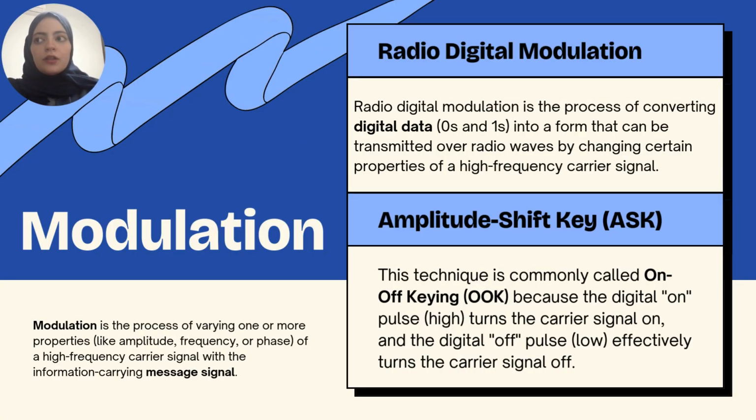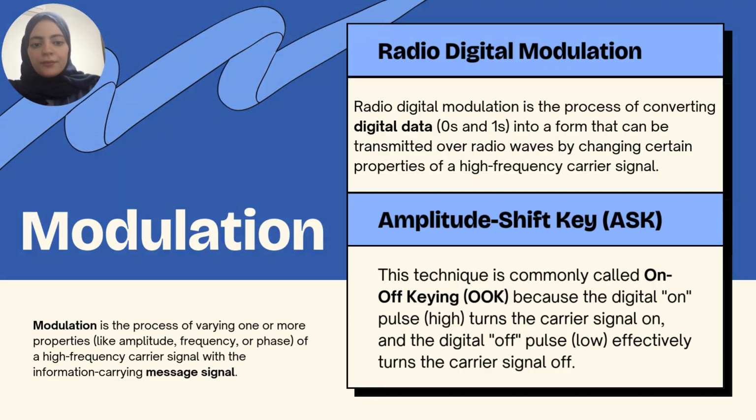Radio digital modulation is the same process except that it turns the information signal into digital data, into ones and zeros. Amplitude shift keying, which is also called on-off keying, is called that because when the pulse rate is high, the carrier is on, and when the pulse rate is low, the carrier signal is off.